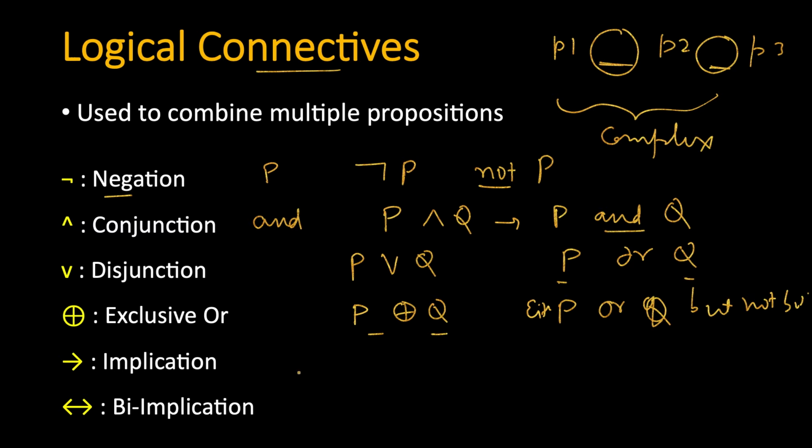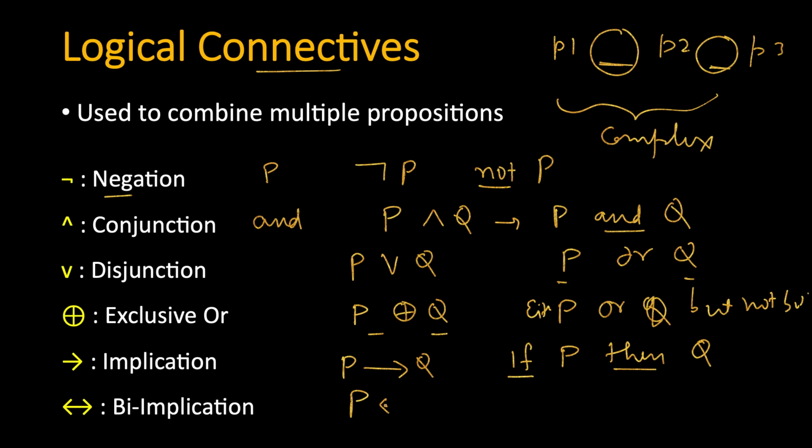And this implication means if we write P implies Q, then it will mean if P, then Q. So if and then. And this is a bidirectional implication.